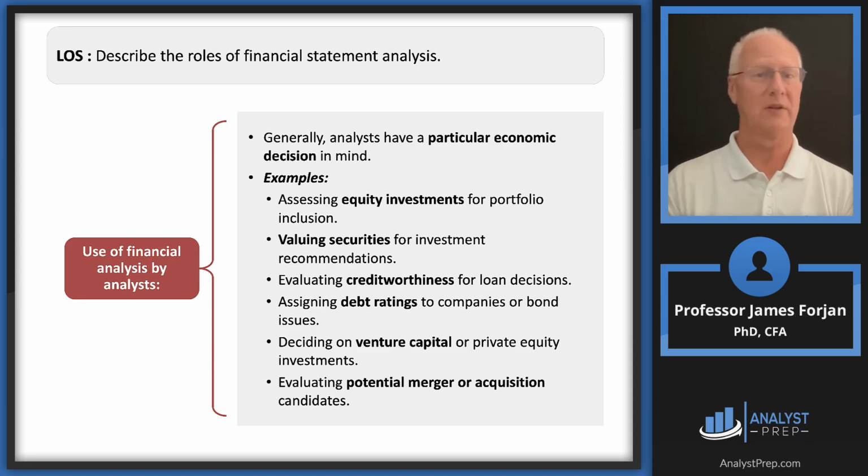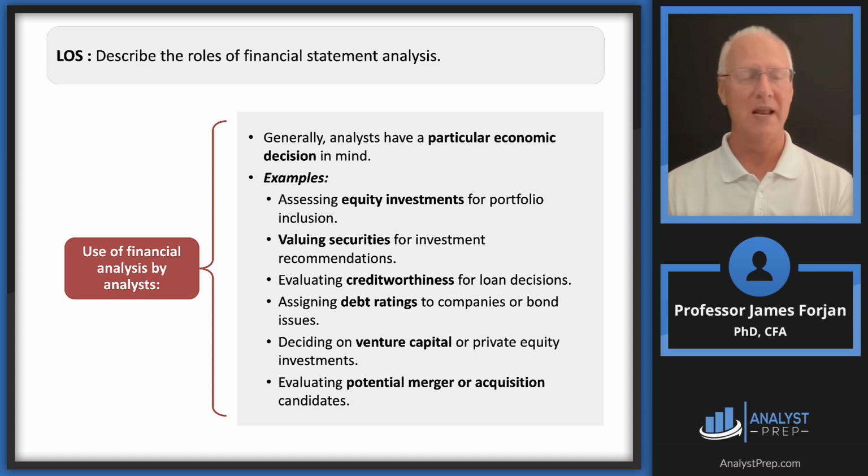We can use metrics like the Sharpe ratio. We can use other kinds of things to be able to assess that, not least of which is some of the material that we learned in and will learn in level 2 and level 3 in quantitative analysis. Things like standard deviation, things like beta, things like correlation coefficient, things like how those impact diversification.